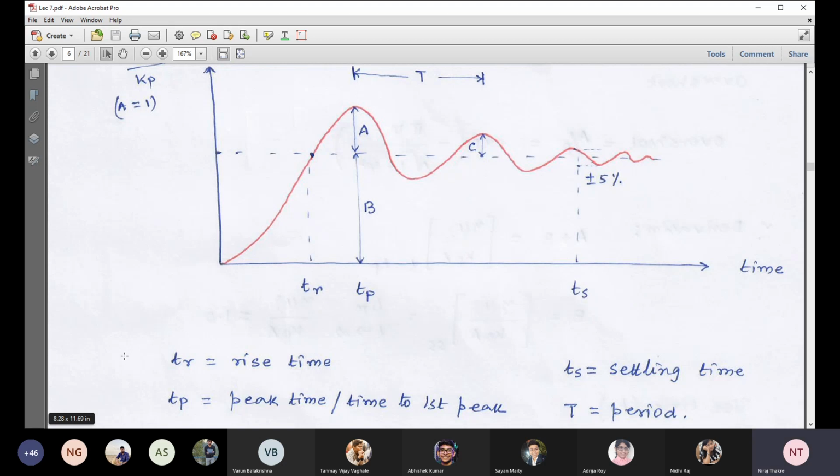These are the nomenclatures we are using here. T suffix P is the peak time or time to first peak. T suffix S is the settling time. And capital T is basically the period.